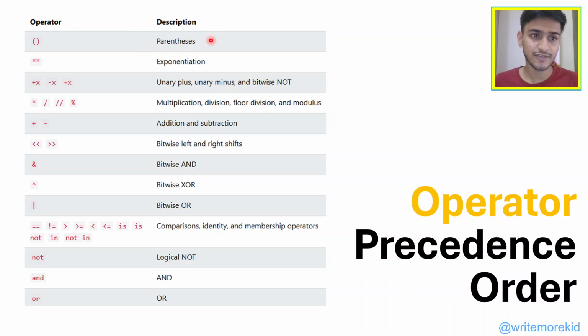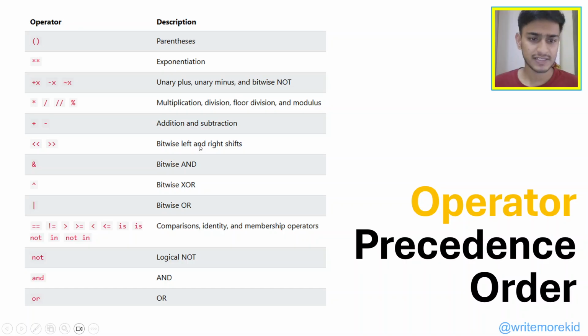You first need to evaluate the parenthesis, then all the exponential values, then you go for the unary operations. Later on, you do all the mathematical operations, which is multiplication and division, just like BODMAS. And later on, you will do addition and subtraction.